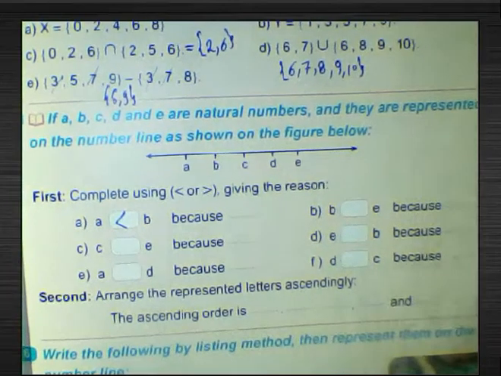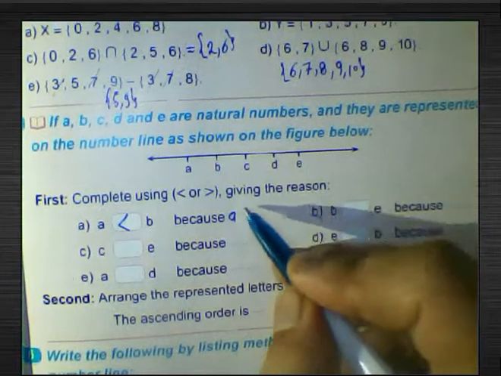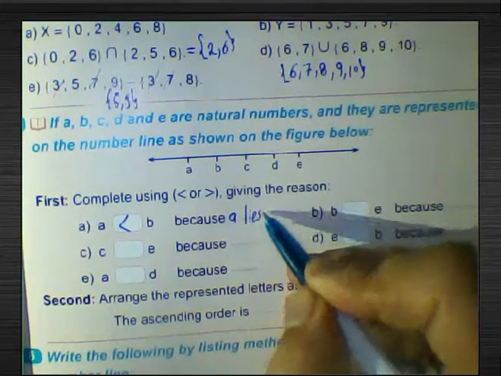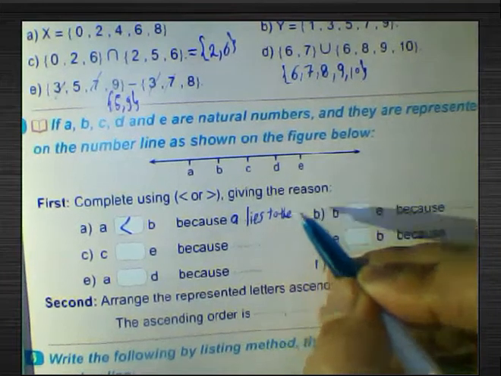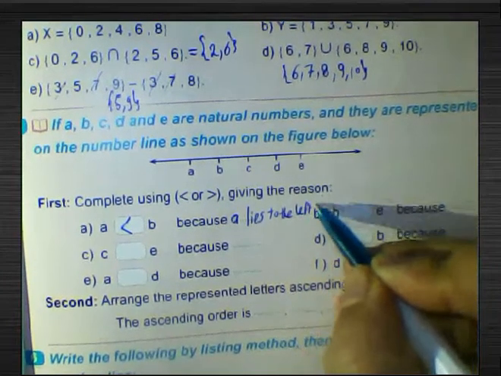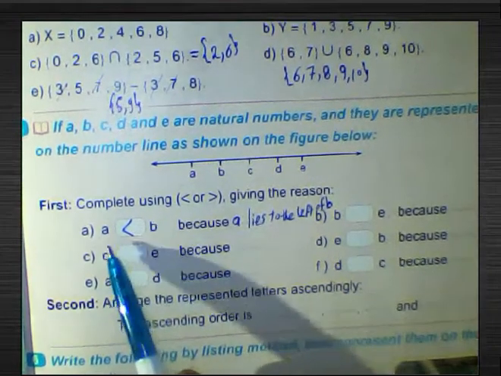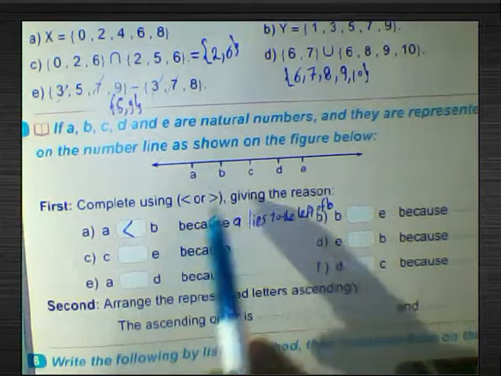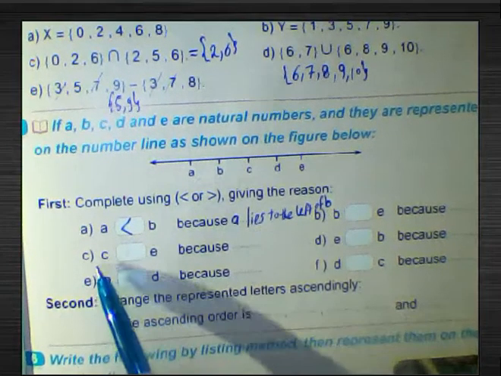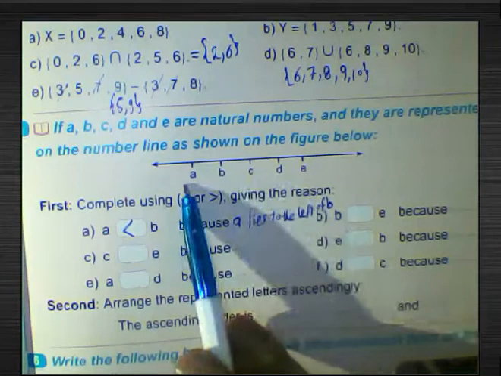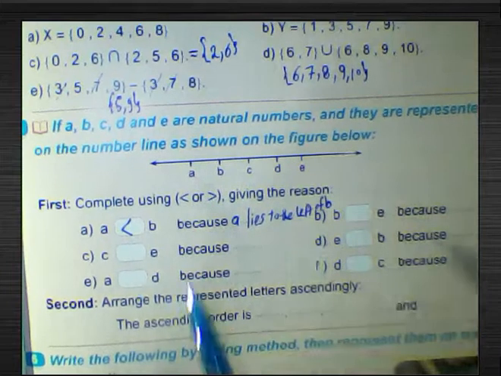A less than B because A lies to the left of B. Again, A less than B because A lies to the left of B. C and A, C more than A. Each element coming on the right-hand side will be more than.